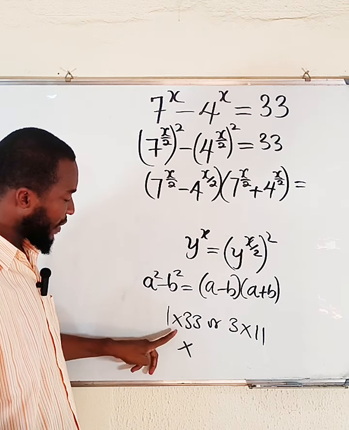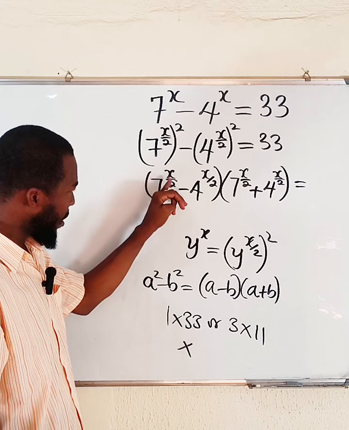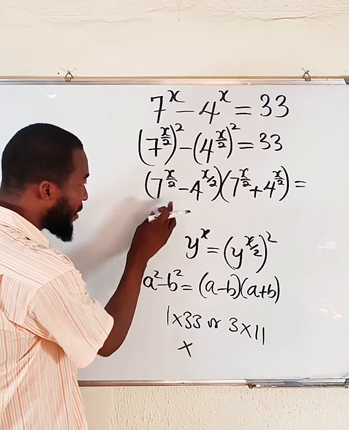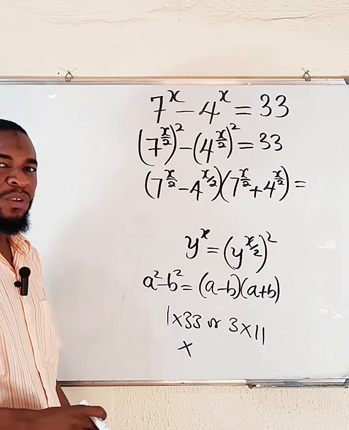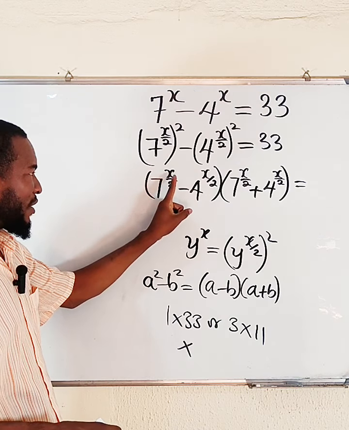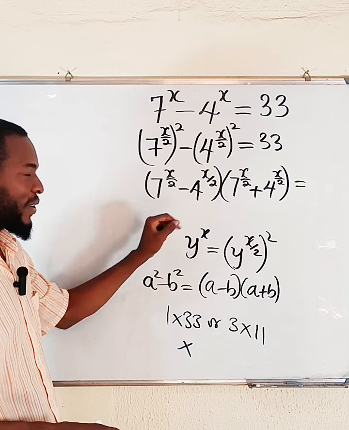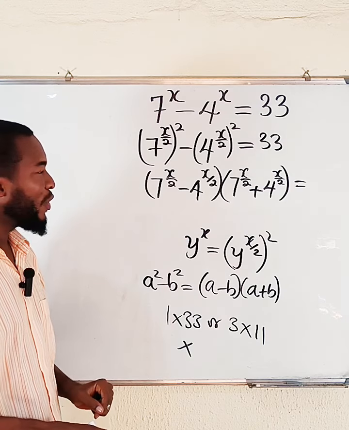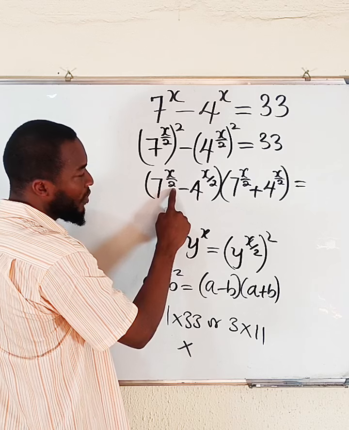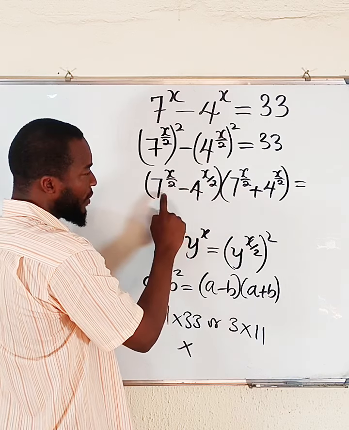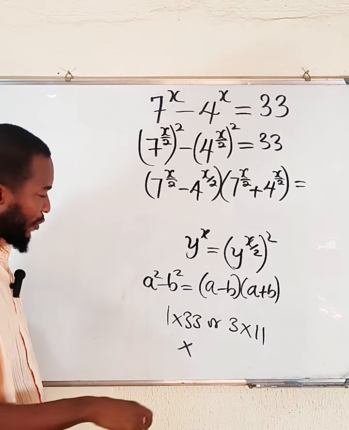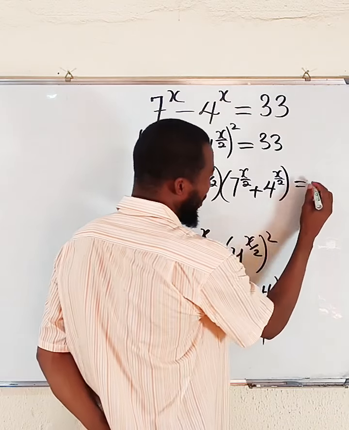But I'm not going to take 1 because if 7 raised to the power of x divided by 2 minus this equals 1, it implies that the difference between these is 1, which is not possible. There's no exponent you can attach here such that the difference will be 1. Let's assume x equals 2. We have 2 divided by 2, which is 1, and 7 minus 4 is 3. So I'm going to take this one.